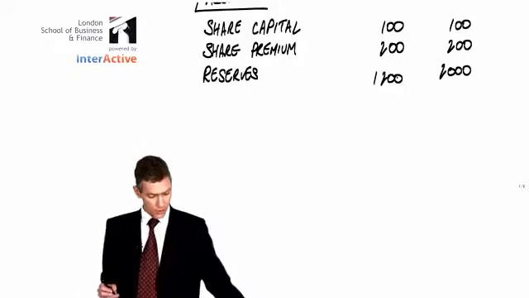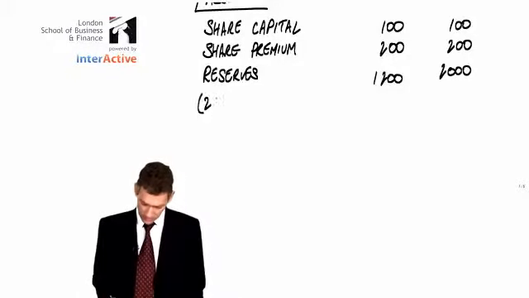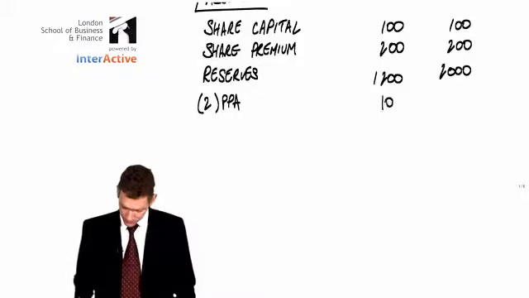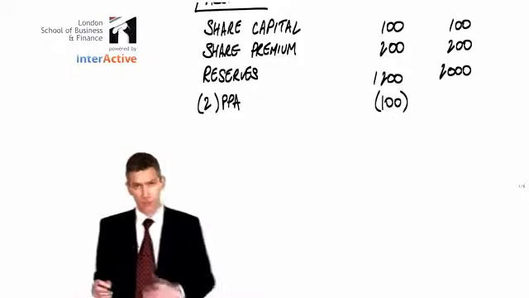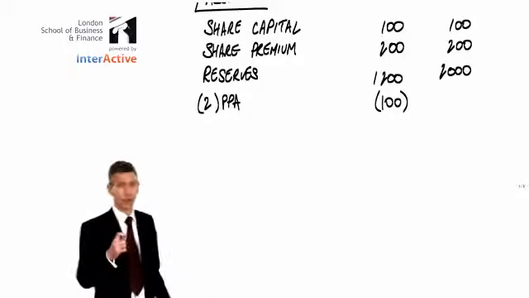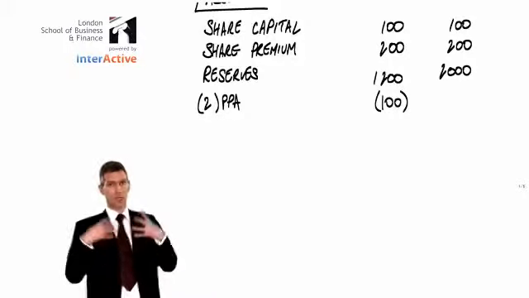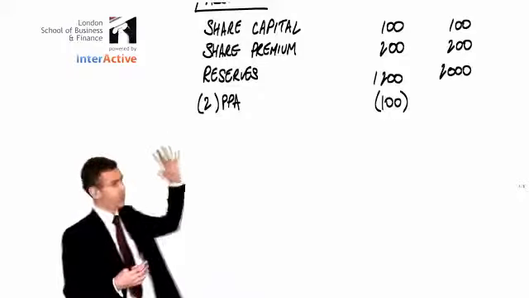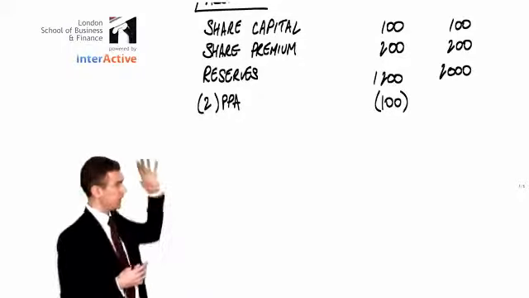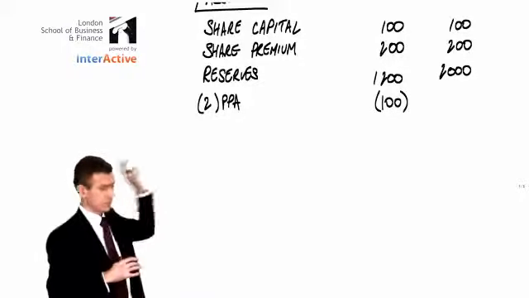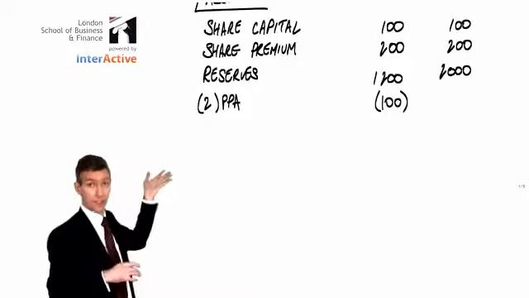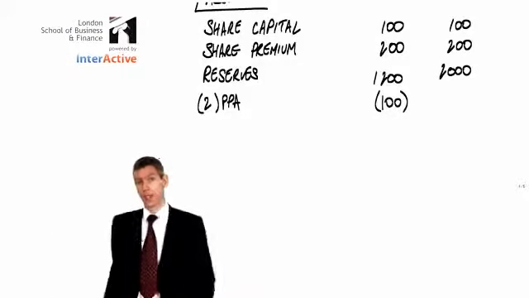So paragraph 2, I believe it is, tells us that there's a PPA of 100, and had that been recorded, we would have had a correct reserve figure of 1,100. So I've combined the 1,200 and the 100 to give me the 1,100 I should really have had at the start of my answer.